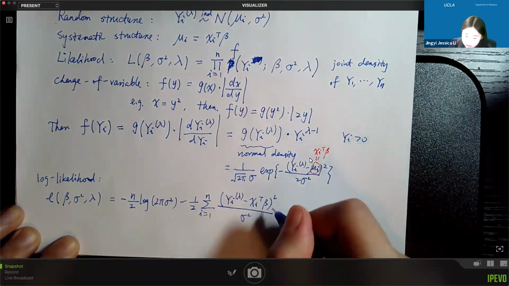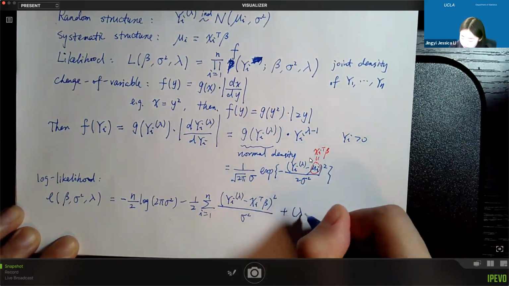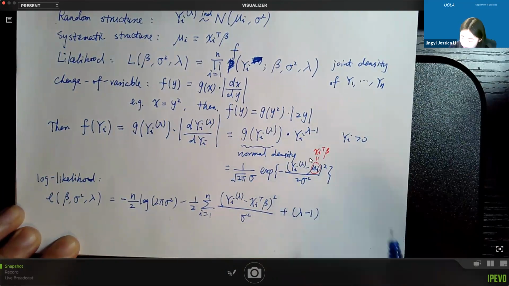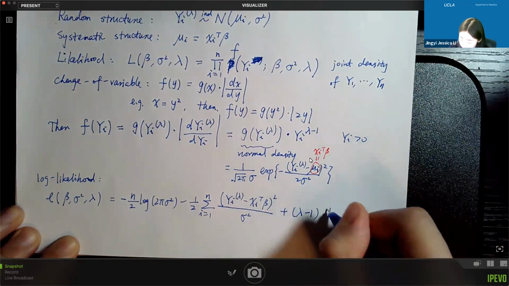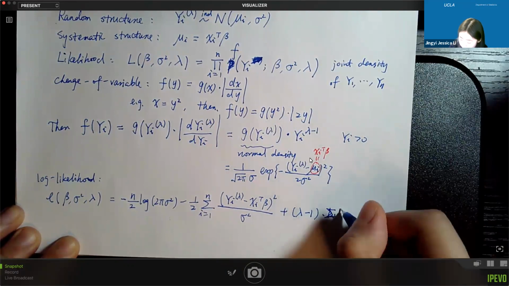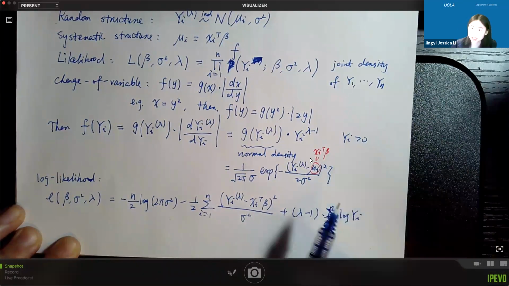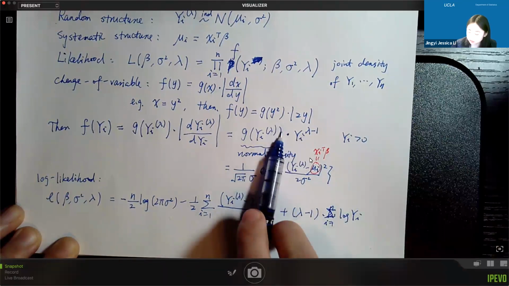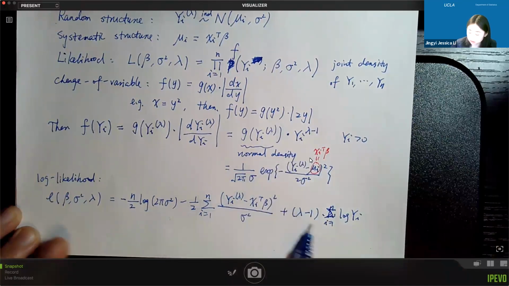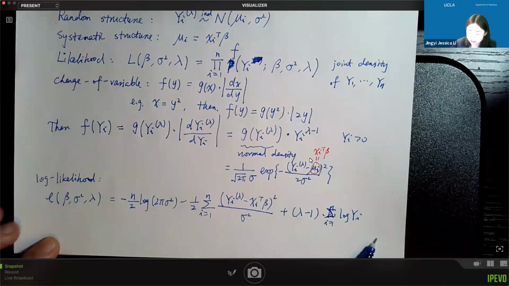Okay, and the third term is plus lambda minus 1 times summation log y_i. This is from the last term. After you take the log, the lambda minus 1 comes down.